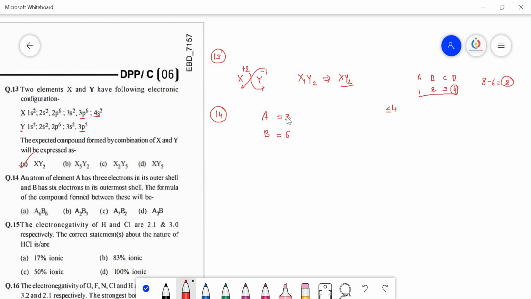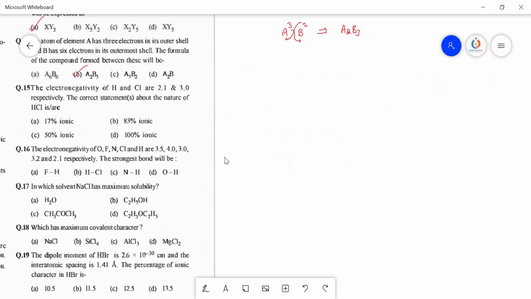So A is able to form 3 bonds and B is able to form 2 bonds. Just write down here A3 and here B2, cross the valencies, and you will get the formula A2B3. So option B is correct.